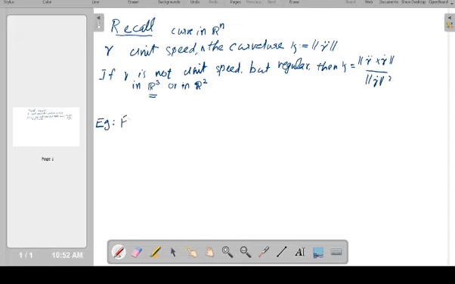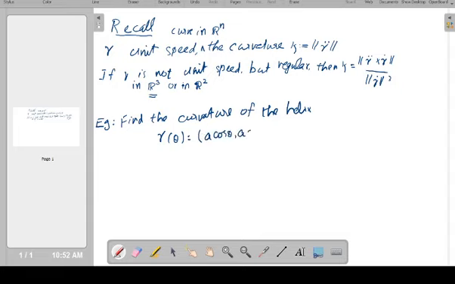Find the curvature of the helix. Hope you know what a helix is. It is parametrized as gamma of theta equal to a cos theta, a sin theta, b theta. So a helix is a spring kind of object.